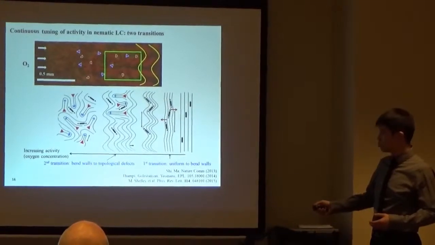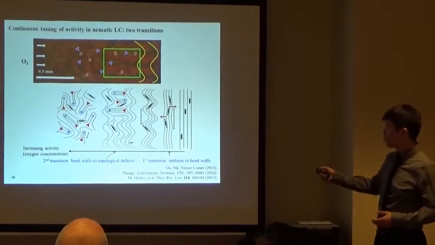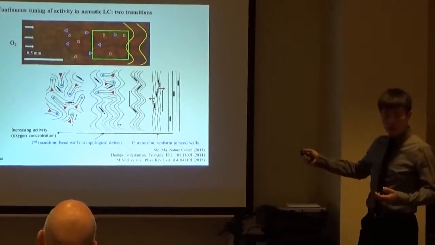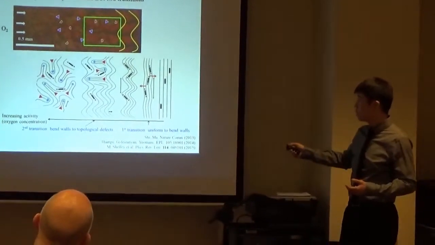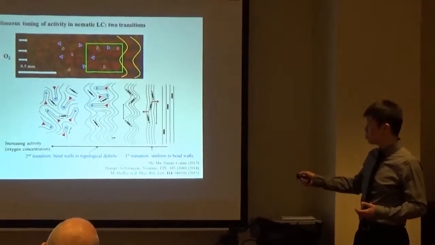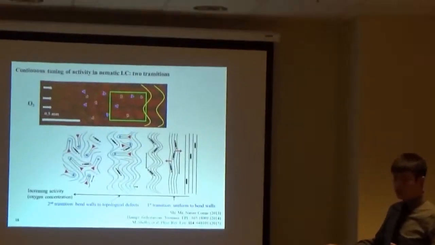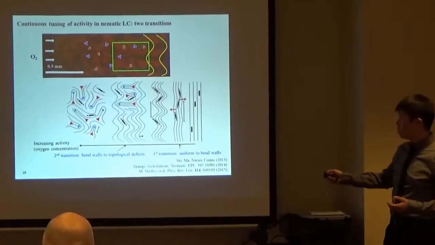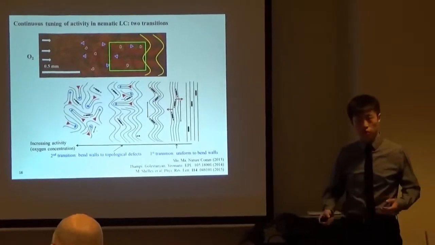There are two transitions in the middle. The first transition is when you just turn on the activity, you start to have this periodic band deformation. But when the activity is increased to an even higher value, this band deformation becomes unstable again.